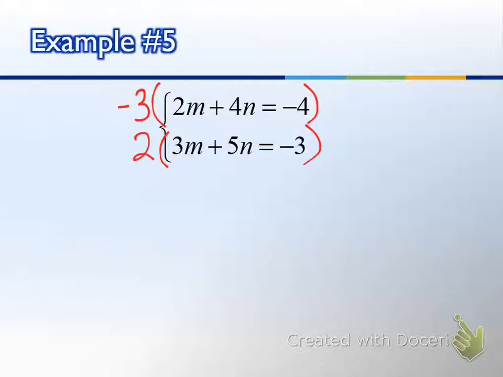This is not the only option we have. We could have gotten rid of the other variable. We could have multiplied by something different, but I like this option a lot. Again, one of these had to be negative and one had to be positive. Doesn't matter which one's negative or which one's positive. If we multiply the entire top equation by -3, Quincy, what do we get?